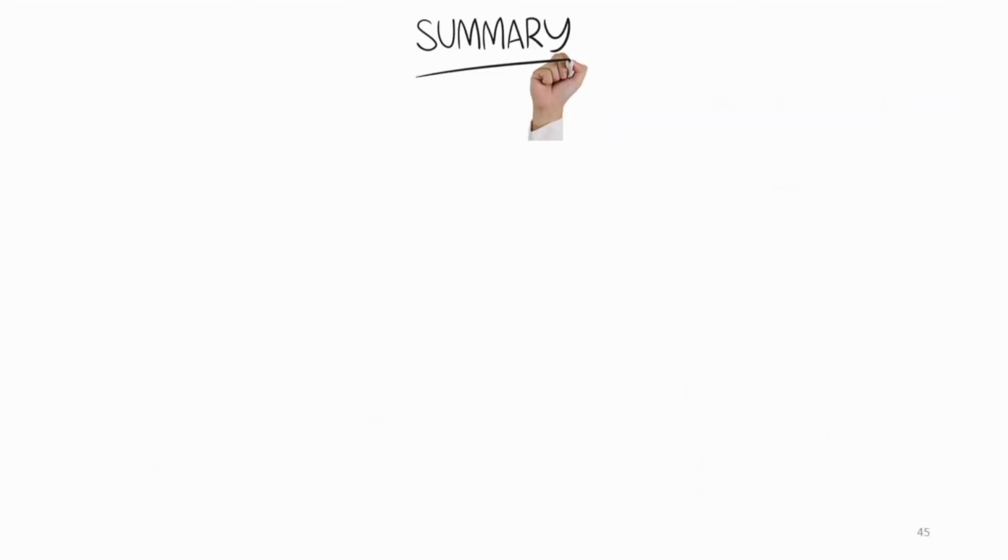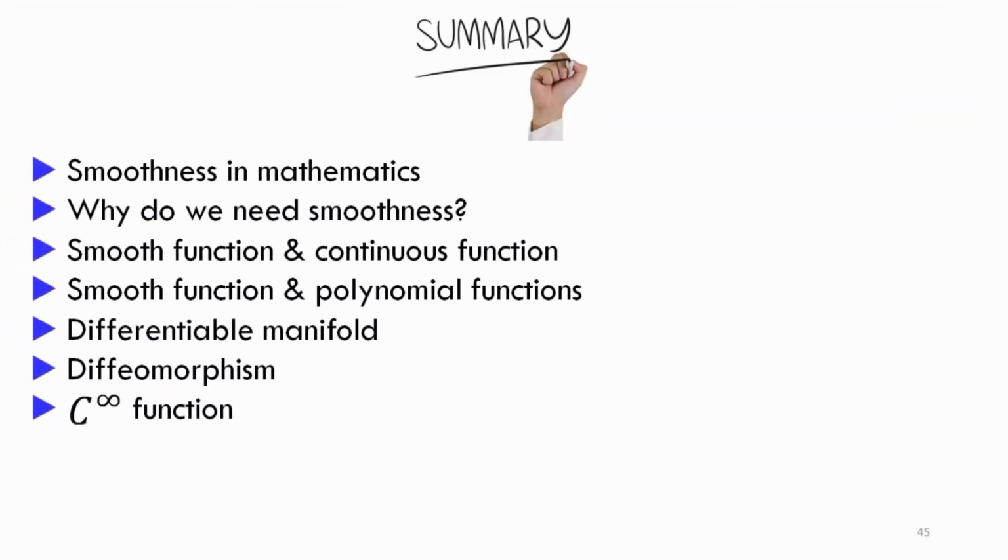So that completes our video today. What we learned is what smoothness is in mathematics, the origin of the word, and why we need smoothness. If we don't have smoothness, we run into difficulties and problems. We learned the relation between smooth and continuous functions. We also found a lot of important points on smooth functions and polynomial functions.